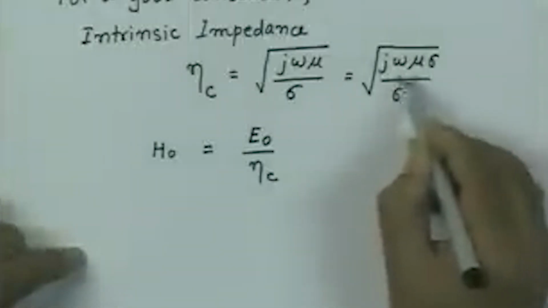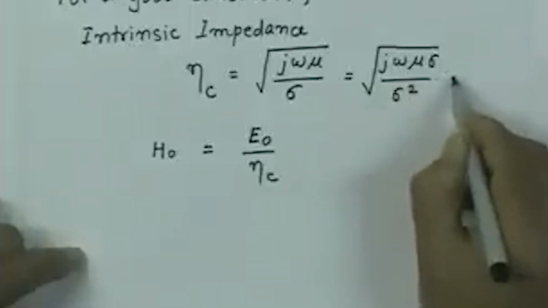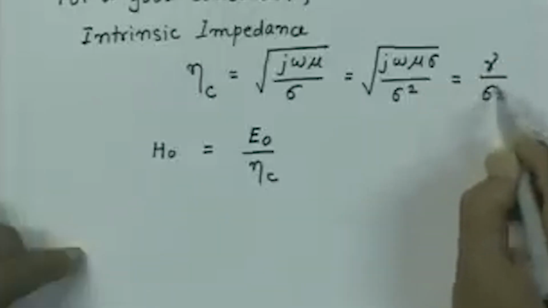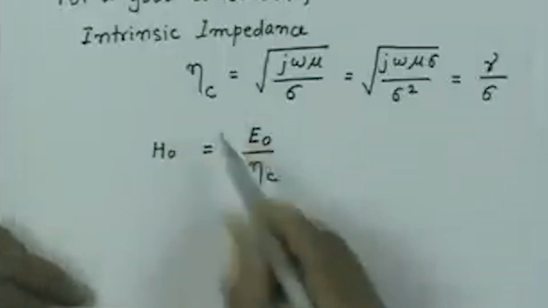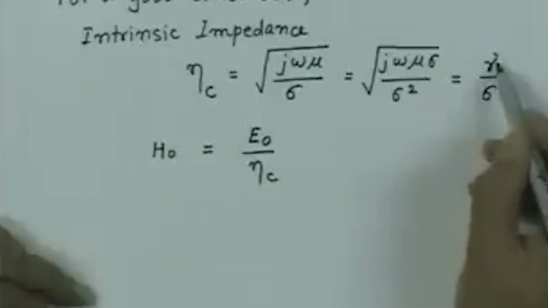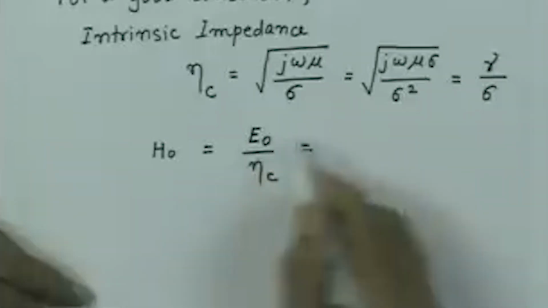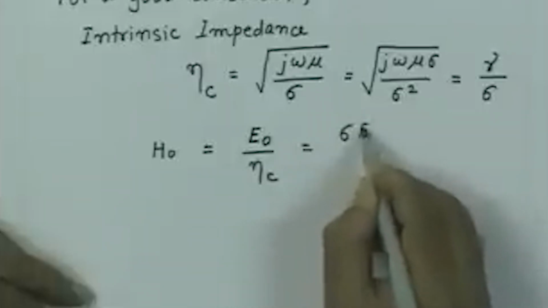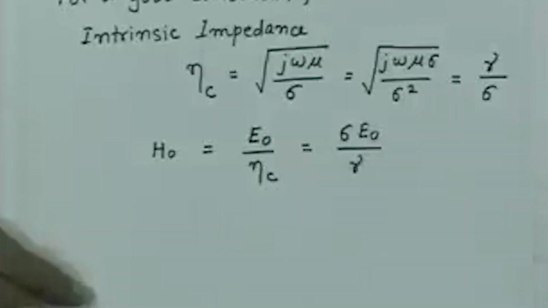But this quantity is square root of j omega mu sigma, that is nothing but gamma. So, this is equal to gamma upon sigma, square root of sigma square is sigma. So, this quantity eta c I can write as gamma upon sigma. So, H0 will be equal to sigma E0 upon gamma.